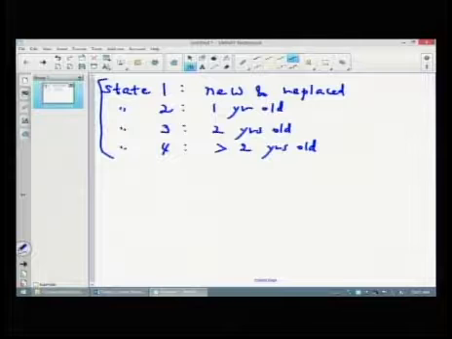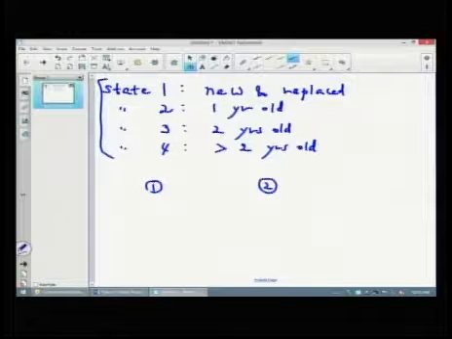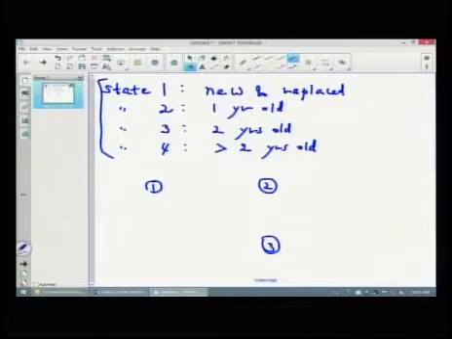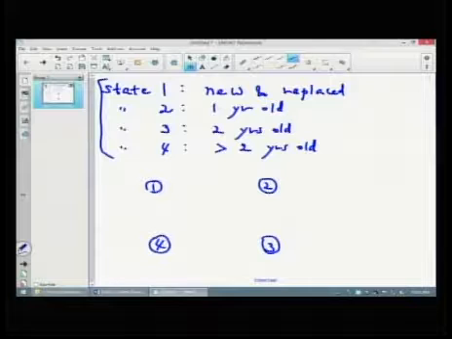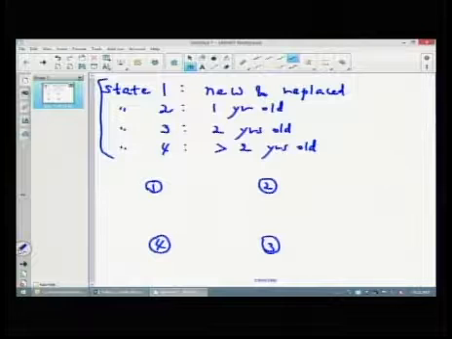So if we define these 4 states of system, then we can draw the transition diagram. According to the problem description, 3% of all new refrigerators fail during the first year of operation.